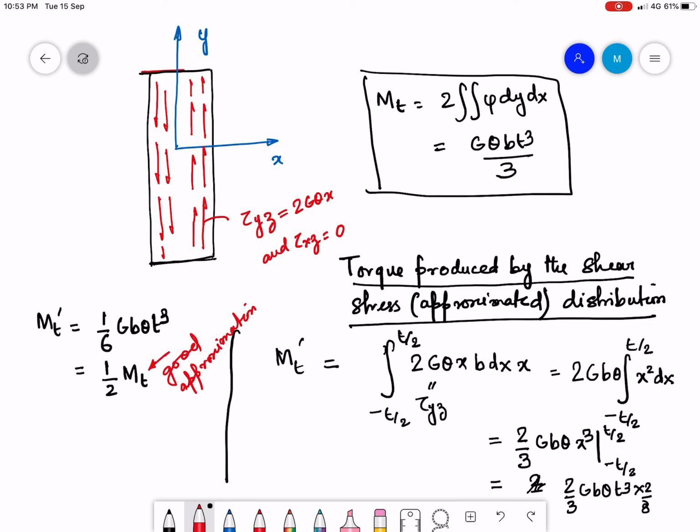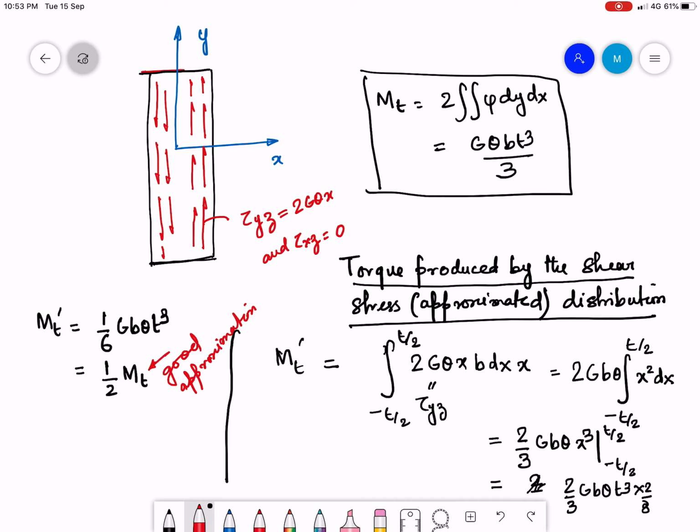So, Mt is a good approximation. So, there must be something wrong with Mt dash. Physically, Mt dash should also be correct, because that is what I am having from the shear stress distribution. So, that should also be correct. So, what is going wrong?